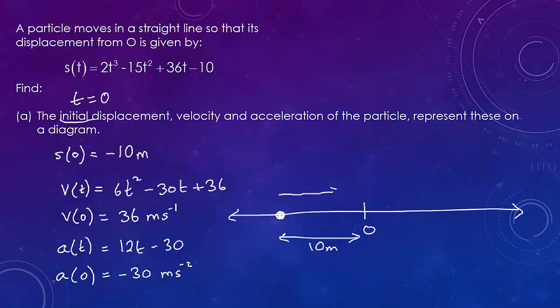The velocity is in this direction because it's positive, so that's 36 meters per second. But the acceleration is negative. Acceleration is usually shown with a double-headed arrow, and we can say that that's 30 meters per second squared, and the arrow going to the left indicates it's in the negative direction.